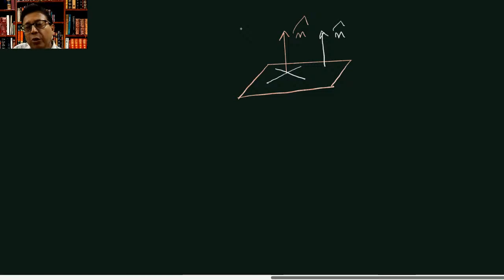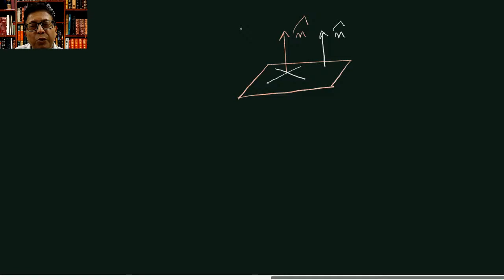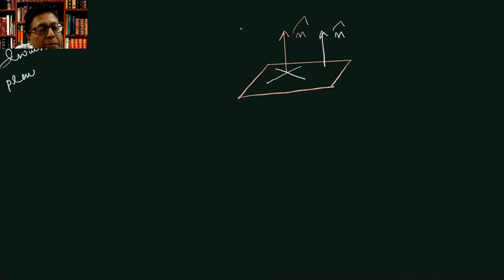So this normal exists everywhere in the plane and it is perpendicular to all the lines. So I introduce the concept of a unit normal drawn to a plane. What is that?